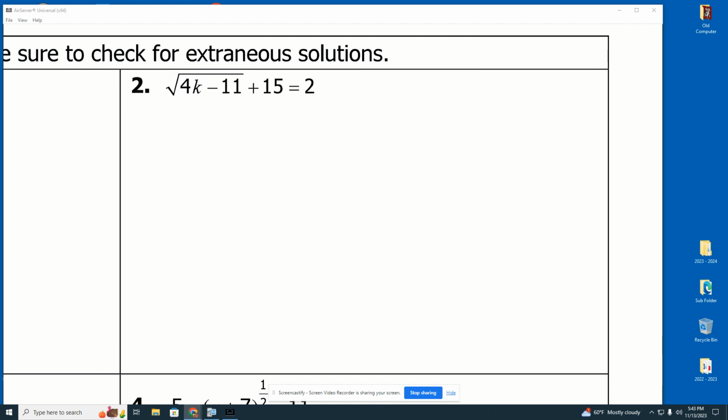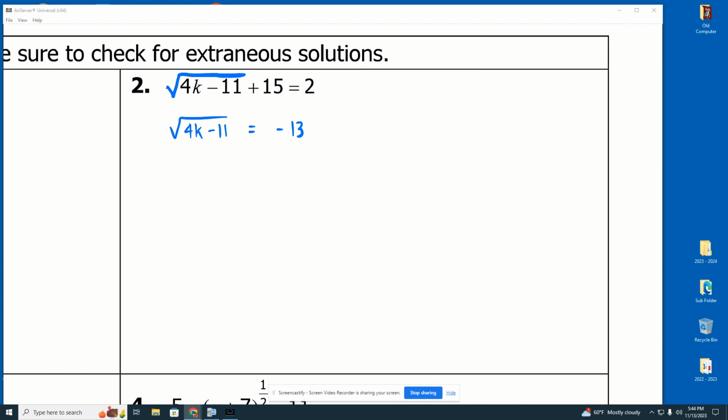Here's number 2. Again, remember yesterday we talked how we have to get this radical isolated. So I need to move that 15. So that will leave me with the square root of 4k minus 11 equals 2 minus 15, which is negative 13. So now that I've got this thing isolated, remember our next step is to get rid of that radical.